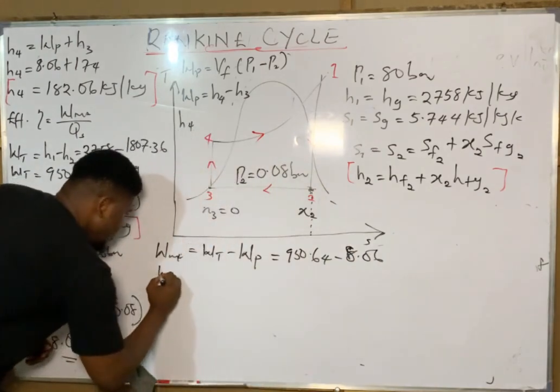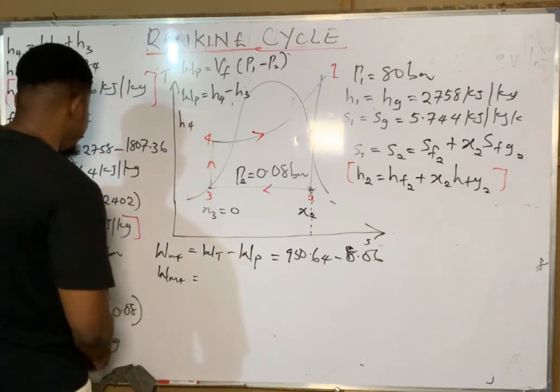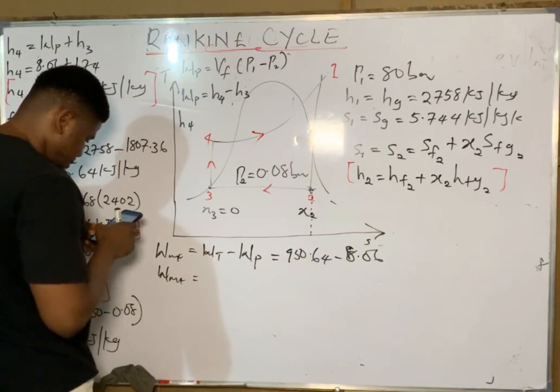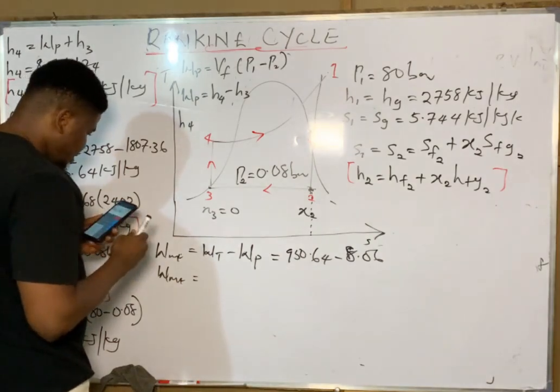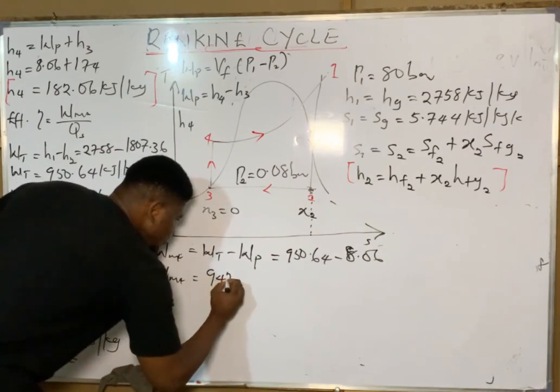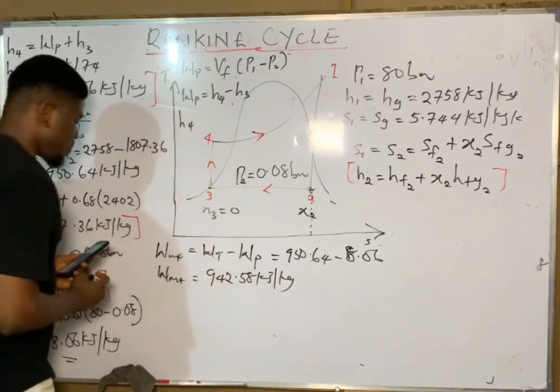So net work is 950.64 minus 8.06. That gives us 942.58 kilojoules per kilogram. So we have our net work.